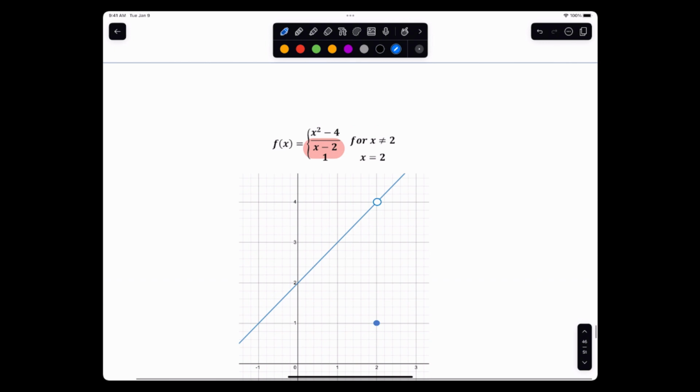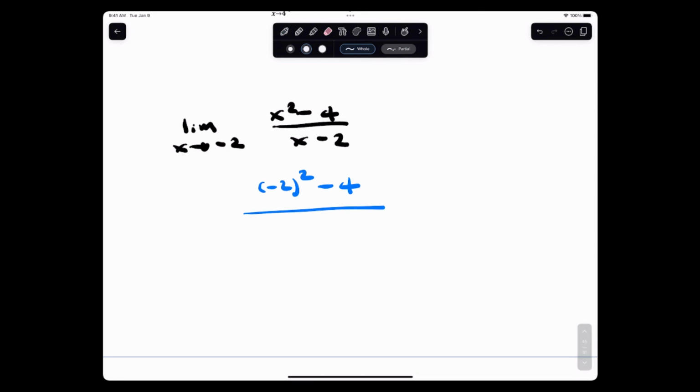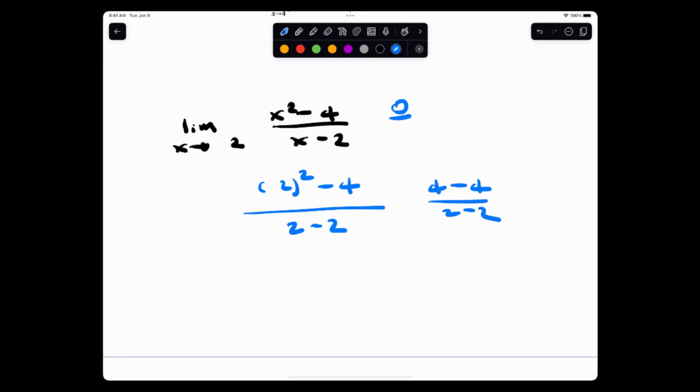No, that's minus. x minus 2, that's going to be a positive 2. I apologize. So you get 4 minus 4 over 2 minus 2. What do you end up with again? Indeterminate.